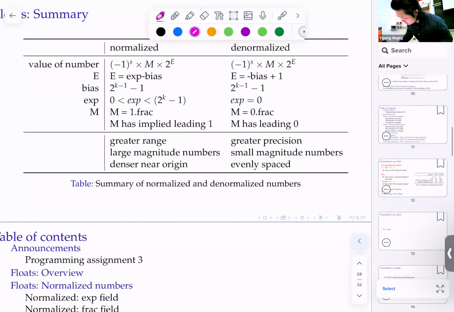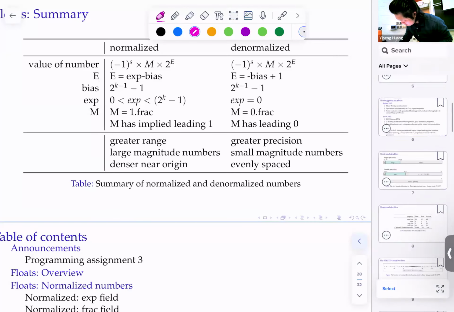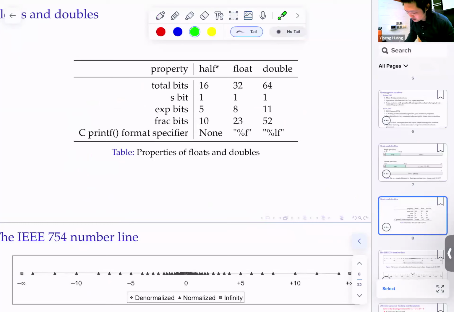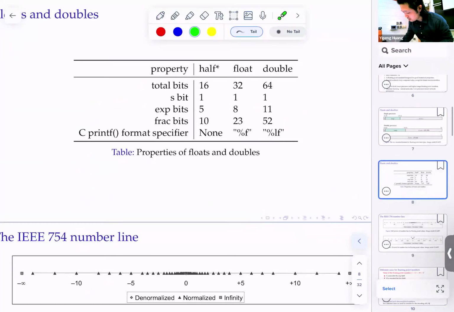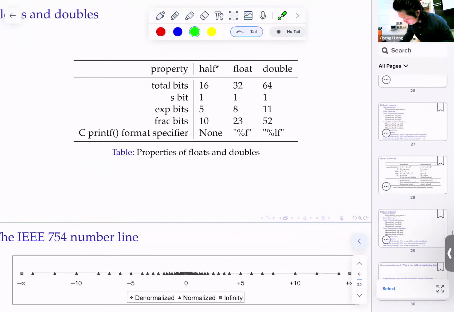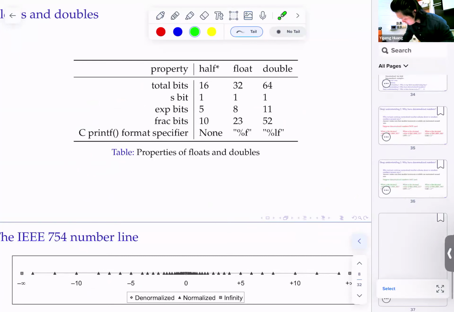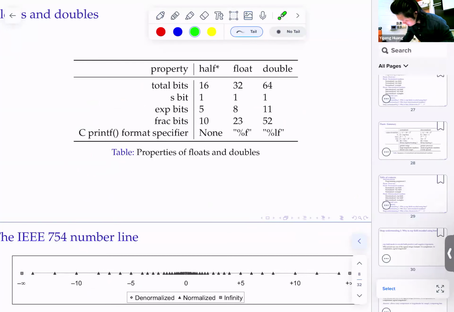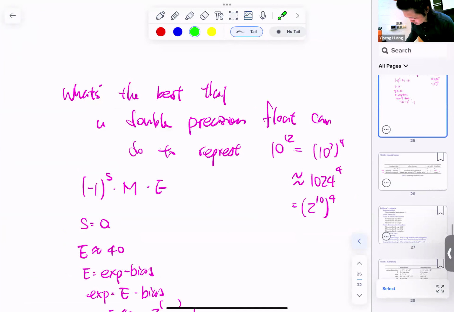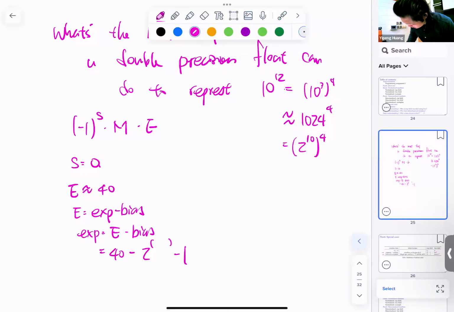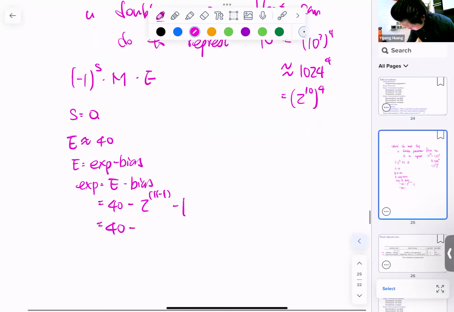Summary is back all the way up here. So for double precision, K equals 11. 11 bits in the EXP field. So bias is 2 to the K minus 1, minus 1, so 2 to the 10 minus 1.